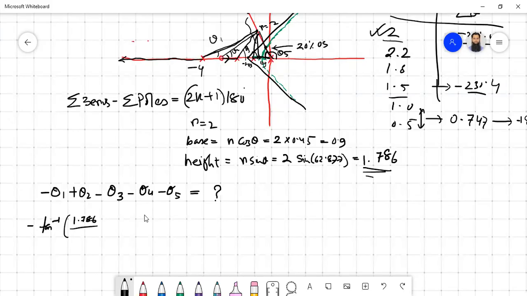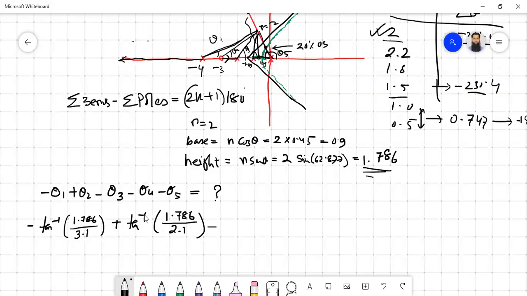So -4 minus 0.9, so basically it will be 3.1 magnitude. We're just taking the magnitude because we're taking care of the angle by their physical position. So plus tan inverse, height is always the same, 1.786 divided by, so this is at -3, so -3 minus 0.9, so basically 2.1.